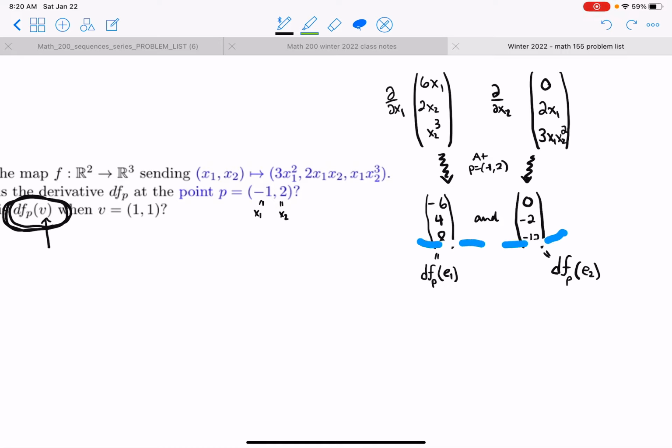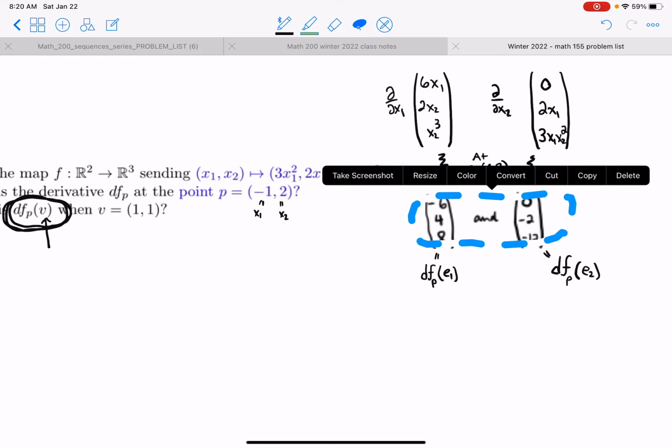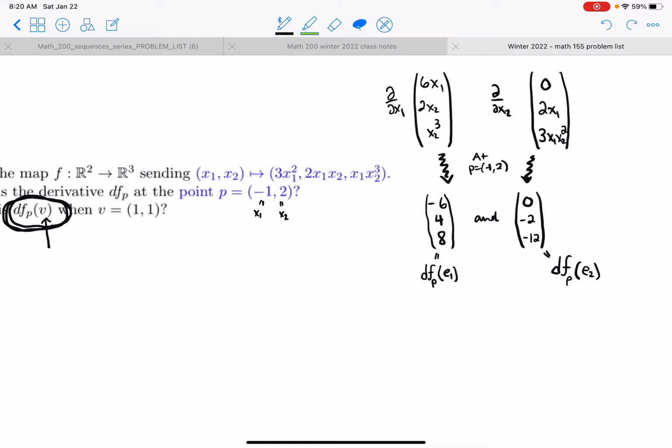So I guess maybe I'll just do 1 plus 1, essentially. Copy, paste. I'll get rid of the and. What we're going to do is v has 2 components, and so we'll do 1 plus 1. And now this is a linear combination. If v was 3, -2, we would take 3 of this first vector plus -2 of this second vector, right?